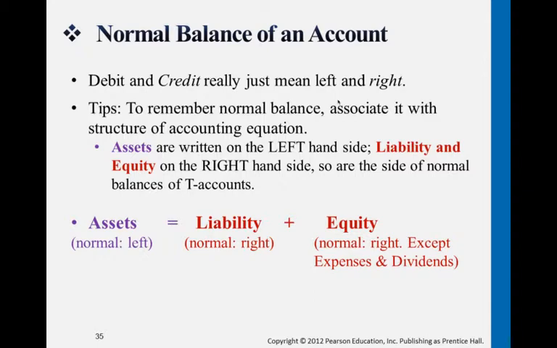It'll be debit, right? What about revenue? Revenue is a stockholders' equity account, and the plus side would be the credit side. So the revenue account's normal balance would be the right side. Normal balance is just referring to the plus side of the equation.